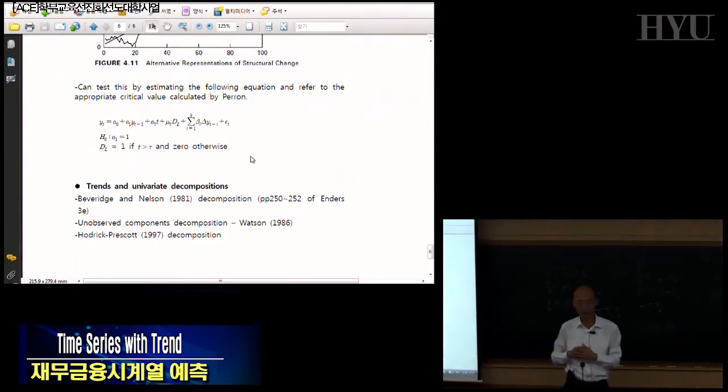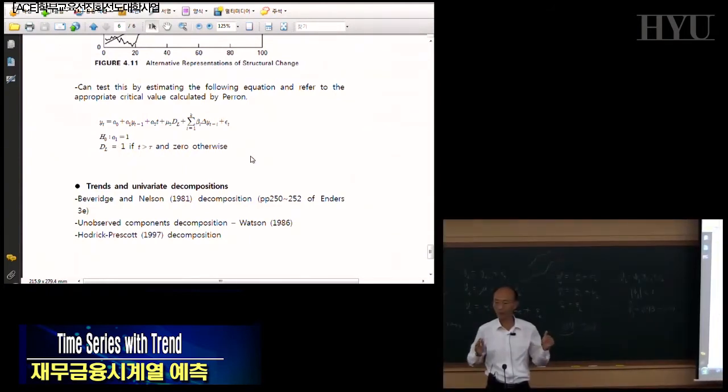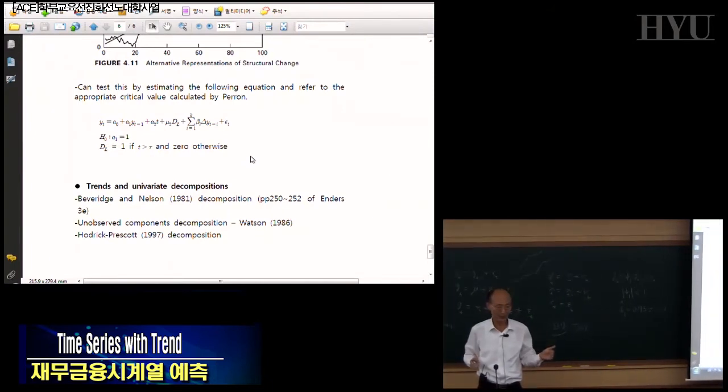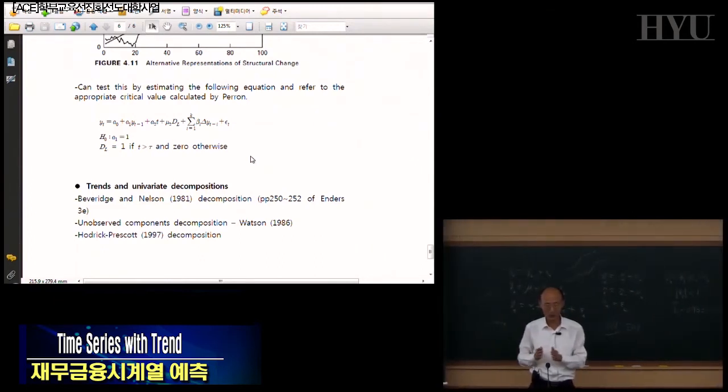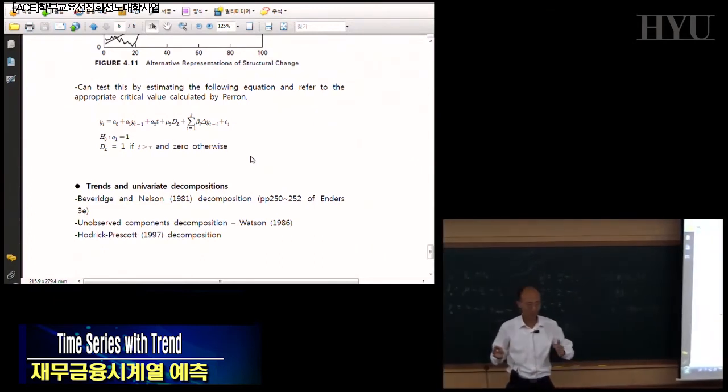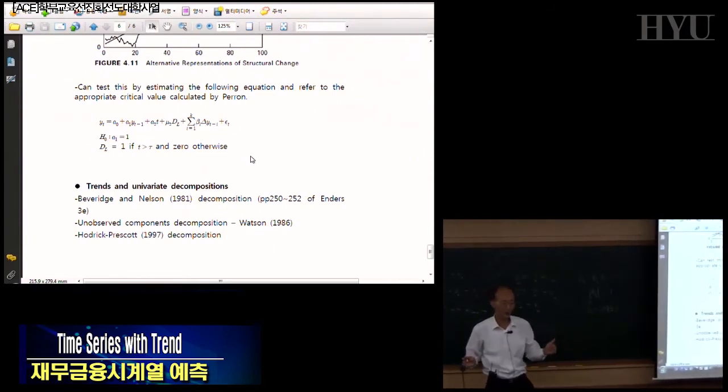Instead, a more reasonable conclusion is the presence of a stochastic trend, or containing one unit root. So that's the message. Okay. So that has been popular.